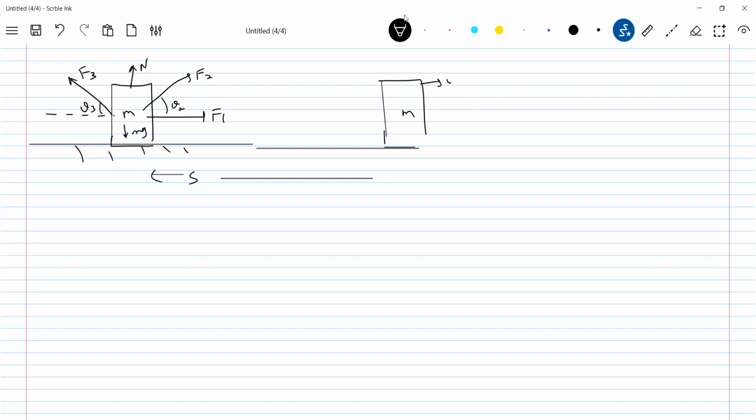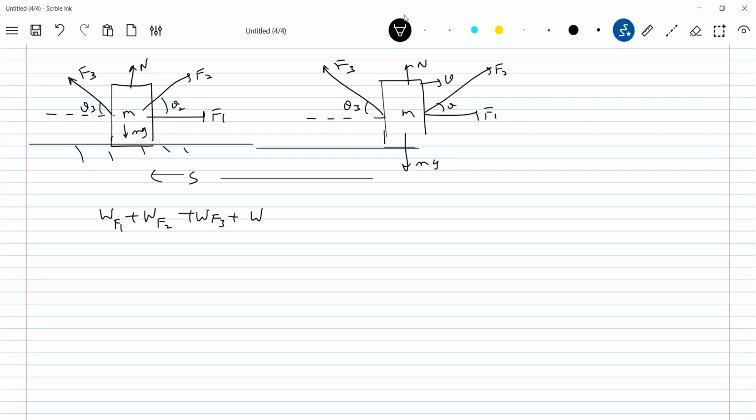As usual, the forces. I want the expression for the velocity. So now, work done. There is work done by the force F1, work done by the force F2, work done by the force F3, work done by the normal contact, work done by the weight.